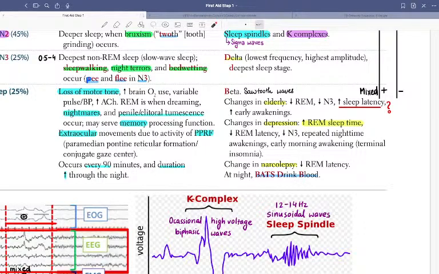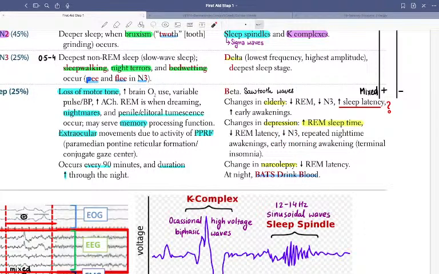Decreased REM, decreased N3, increased early awakening because REM is going down, and increased sleep latency. And changes in depression, what happens? Just the opposite. Increased REM sleep time, decreased REM latency, decreased N3. N3 is decreased in both. Repeated awakening and early morning awakening, terminal insomnia, all this we have.